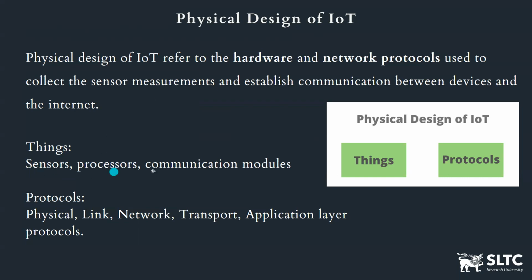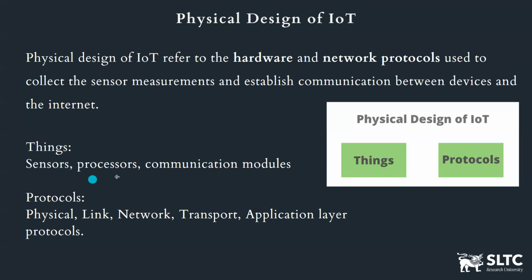The hardware that we are using is basically known as things. So Internet of Things means connecting them together. Things refer to the sensors, the processors, and the communication modules that are used as hardware for the IoT network.